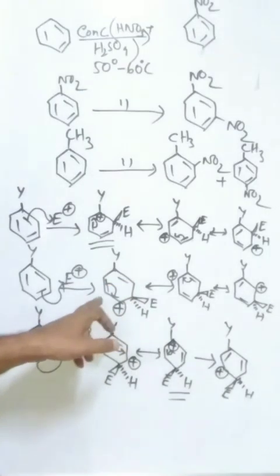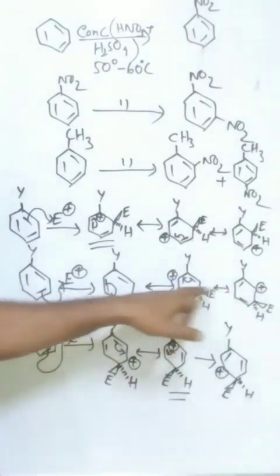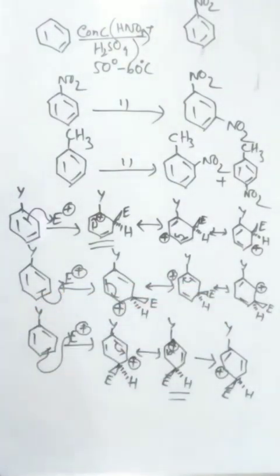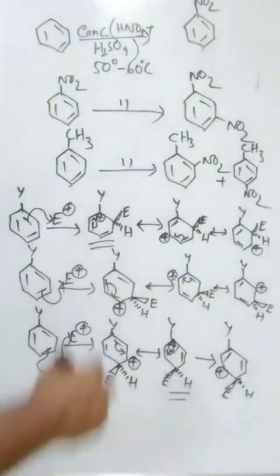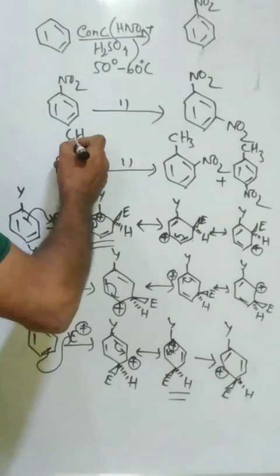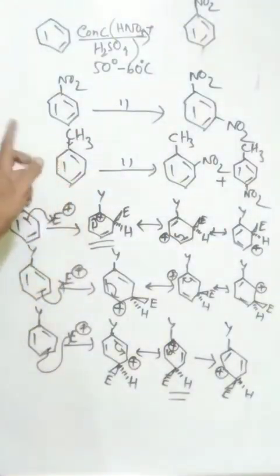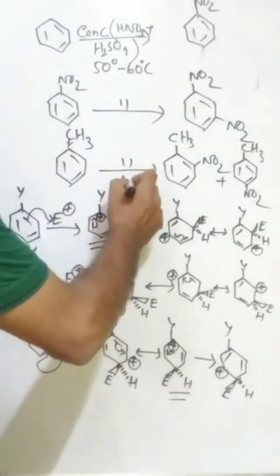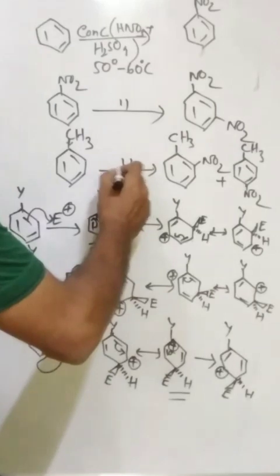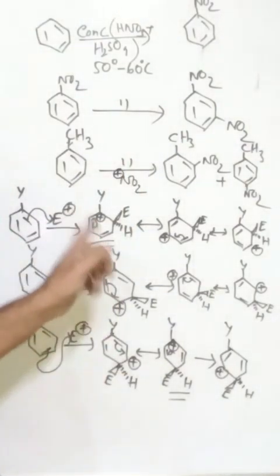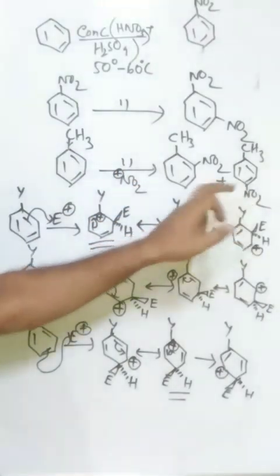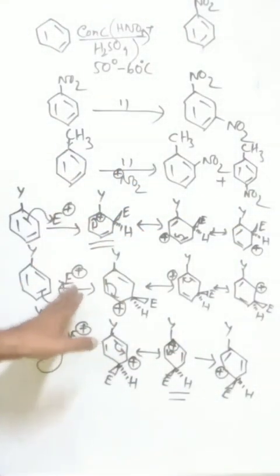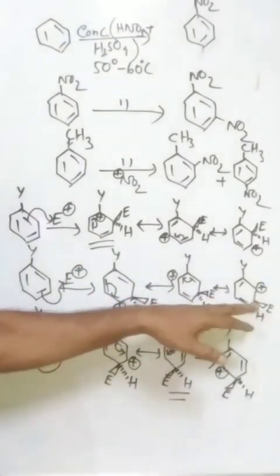In meta position no such stabilizing factor is present. That's why, if Y has a plus I inductive effect, as in toluene, where the CH3 group has a plus I inductive effect, the incoming electrophile, here NO2 plus, which is formed by the reaction of concentrated nitric acid and sulfuric acid at a temperature of 50 to 60 degrees centigrade, comes in ortho and para position, because in meta position no such extra stability is achieved.